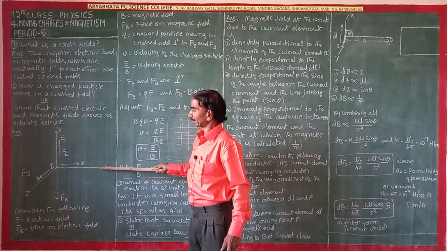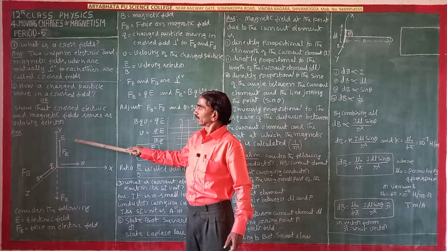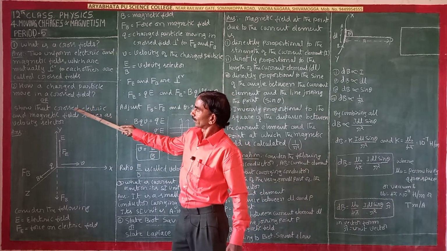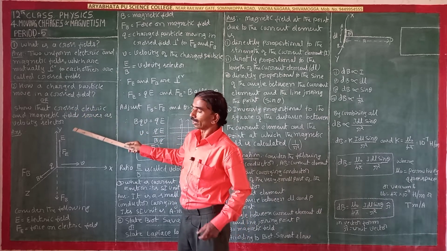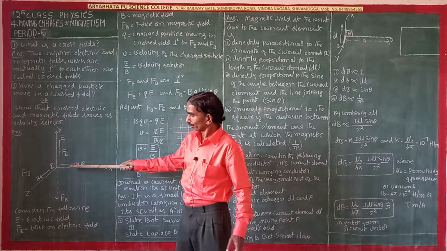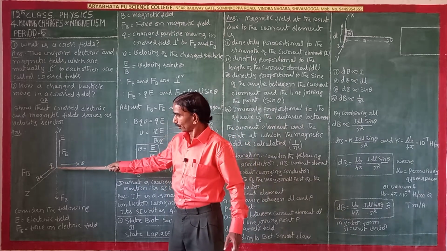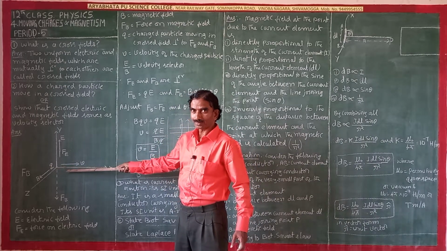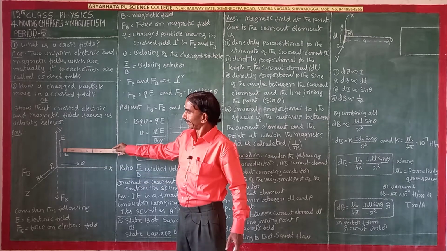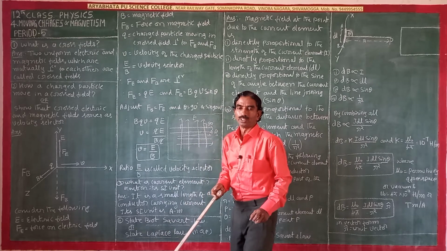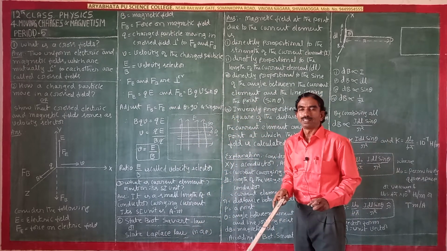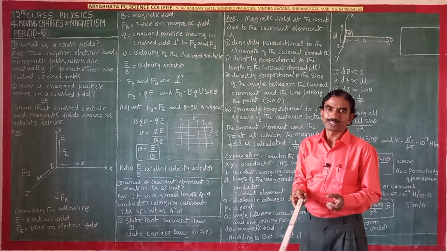Show that crossed electric and magnetic fields serve as a velocity selector. For a charged particle, we can adjust the velocity by adjusting the electric and magnetic fields which are perpendicular to each other. So we can take it as a velocity selector.